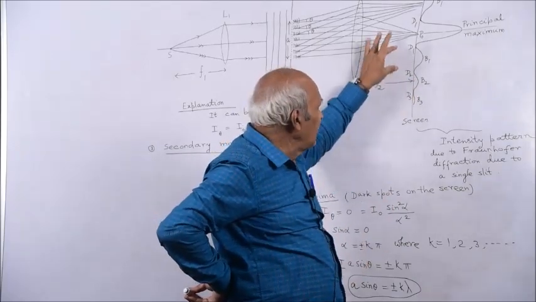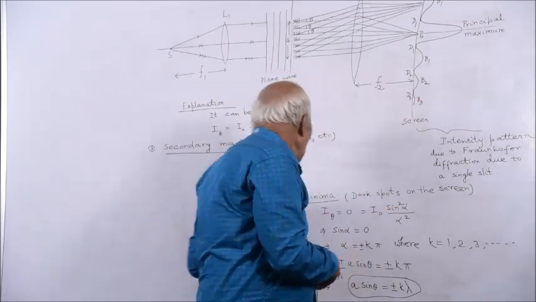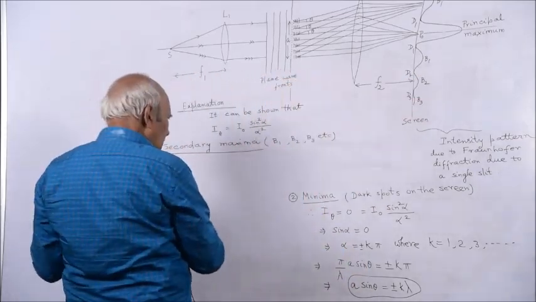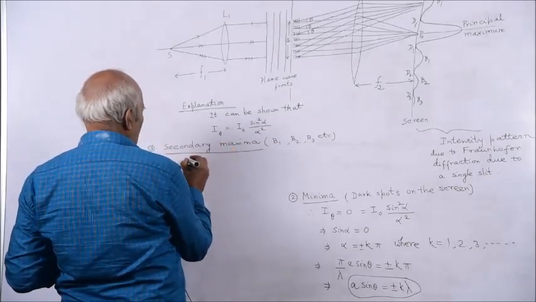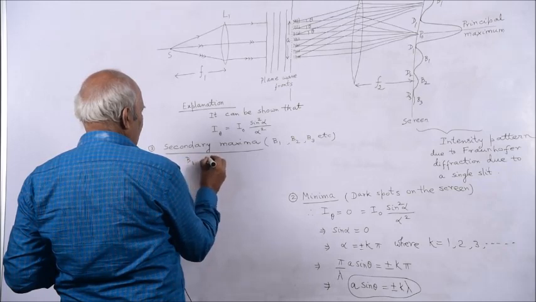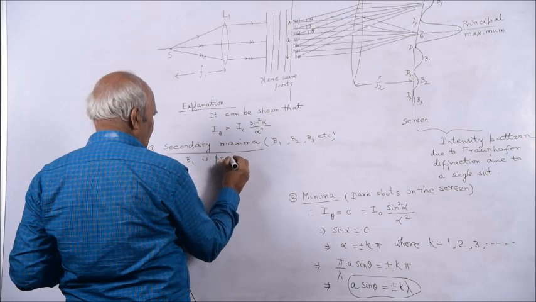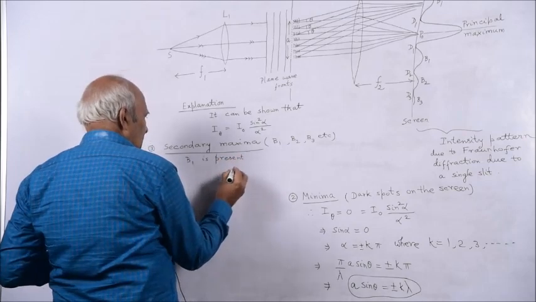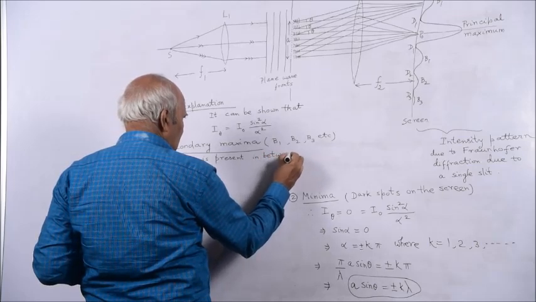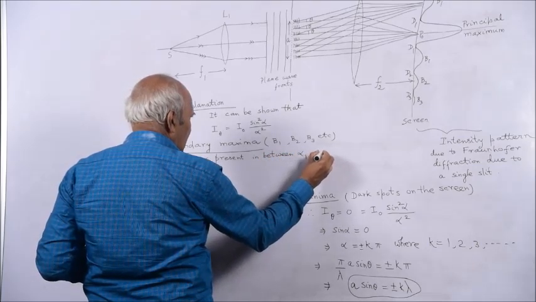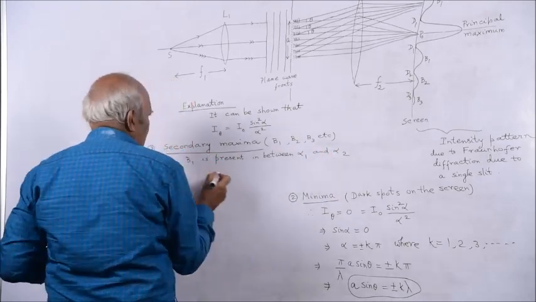That means the value of alpha for B1 will be the average of alpha 1 and alpha 2. So you see B1 is present in between alpha 1 and alpha 2.